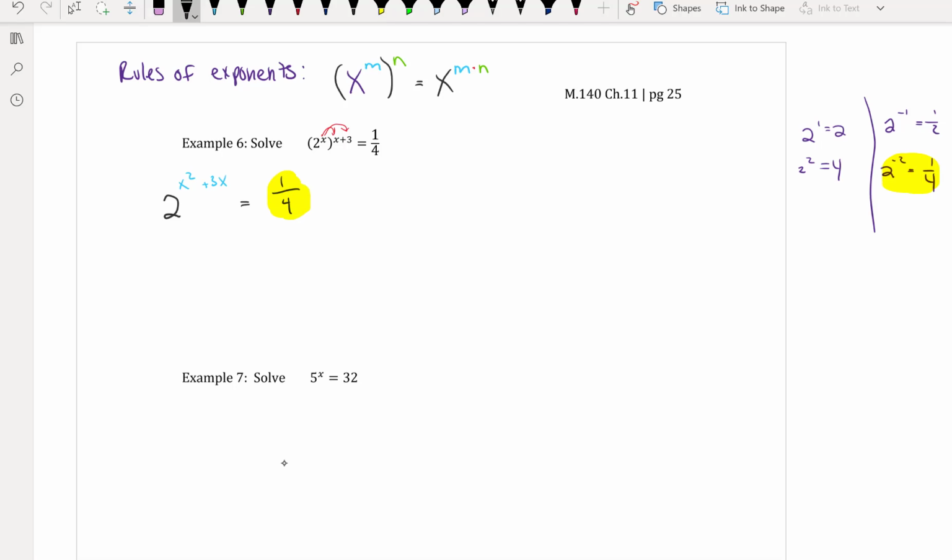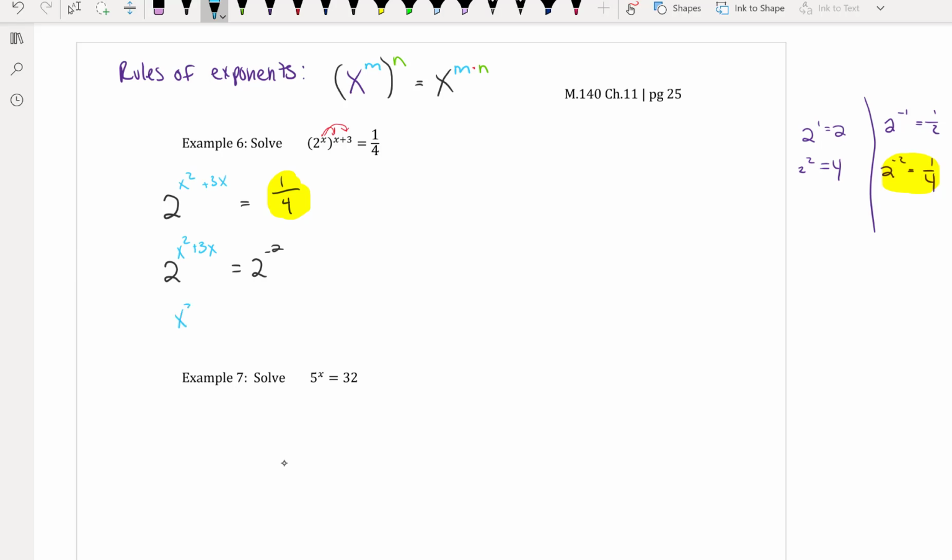So I still have this as 2 to the x squared plus 3x. But now, since I'm switching that 1/4, I know that 1/4 is really just 2 to the negative 2 power. So the beautiful thing about this is that now I have the same base, so now my exponents are going to be set equal to each other.